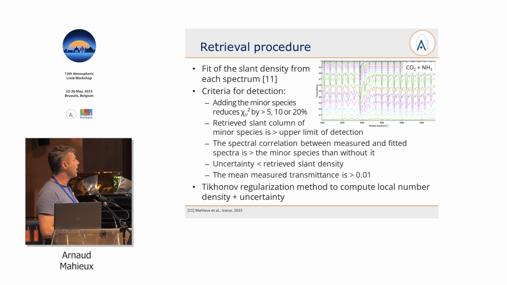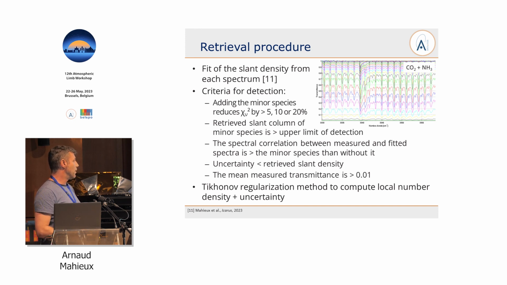We are comparing the chi-square of the fit and seeing if by adding NH3 to the fit, we reduce the chi-square by either 5, 10, or 20%. We also compare the retrieved slant column density of the minor species, in this case NH3, to the upper limit of detection computed from the noise in the spectra.